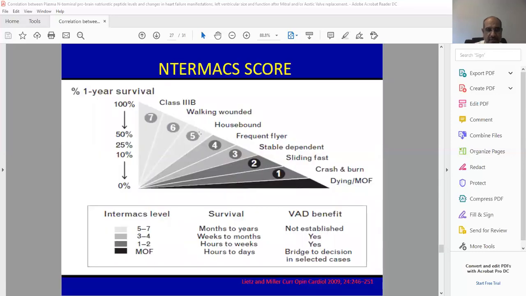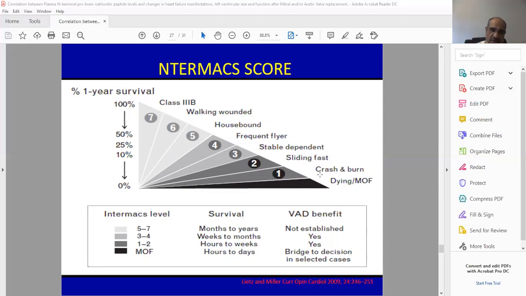This is another scoring for heart failure patients during admission called the INTERMACS score. This is developed by the Interagency Registry for Mechanically Assisted Circulatory Support. This group classified heart failure into 7 stages. This is during the admission. This is a classification for advanced heart failure patients. So we're classifying advanced heart failure patients into 7 groups.